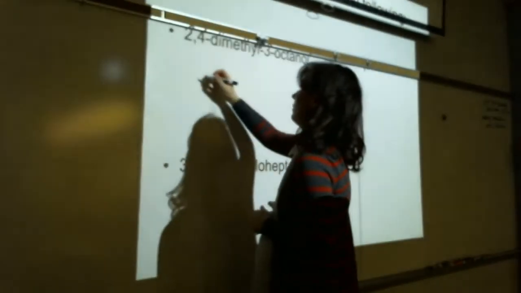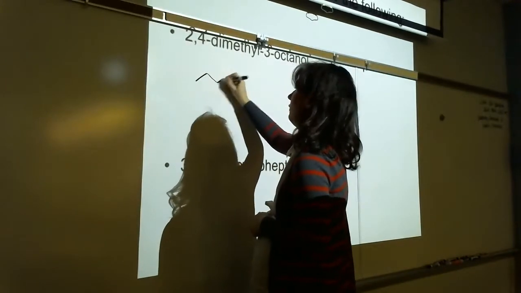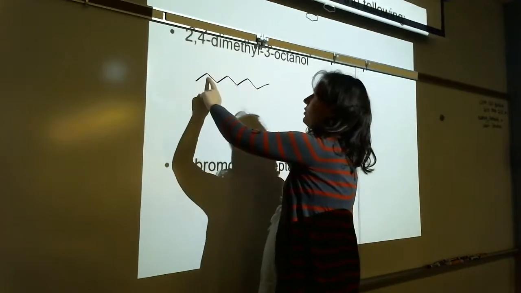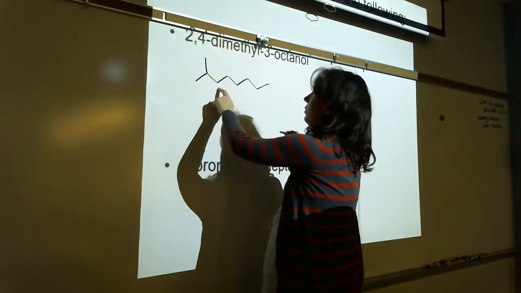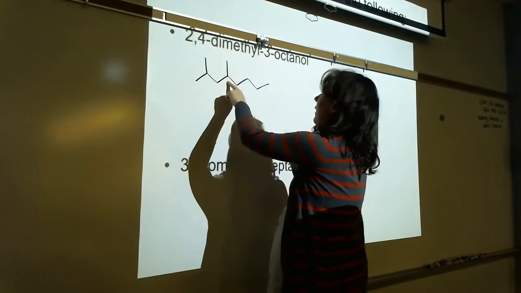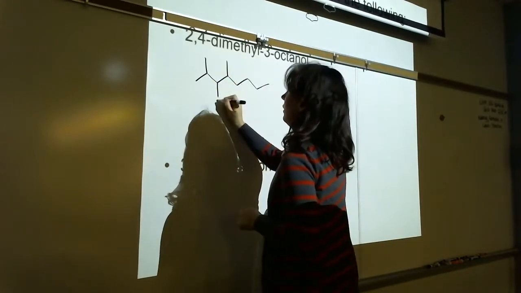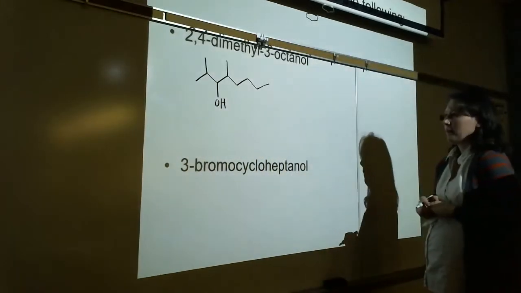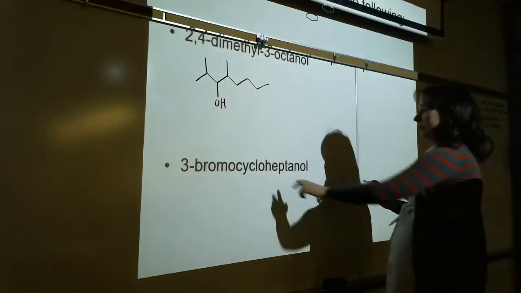It's not cyclo, so it's linear. 1, 2, 3, 4, 5, 6, 7, 8. 2,4-dimethyl, so 1, 2, 3, 4, and then 3-octanol. Do we agree?